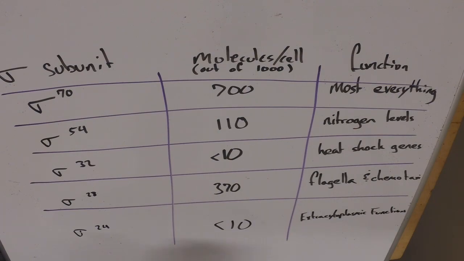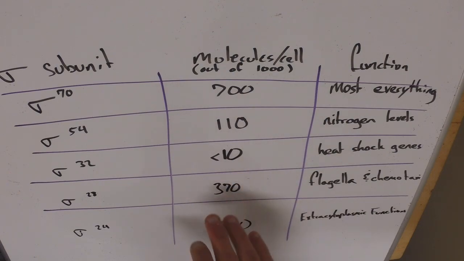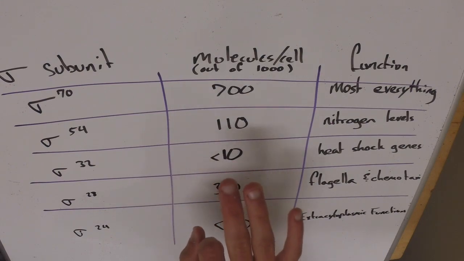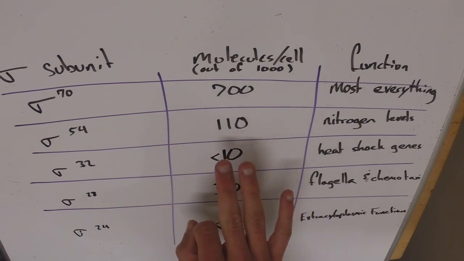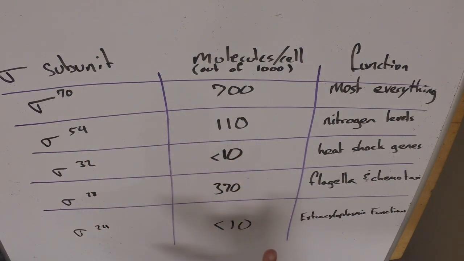In the middle, we have the amount of molecules per cell out of 1,000. So for example, sigma 70 has about 70%. That's not why it's sigma 70, but you get the point. And then on the right here, we have the different functions of these sigma subunits and what they're used to guide the RNA polymerase to.